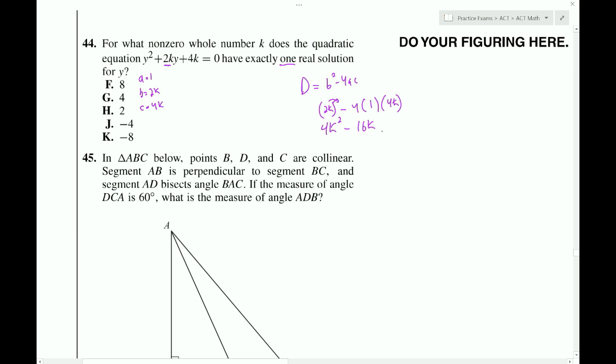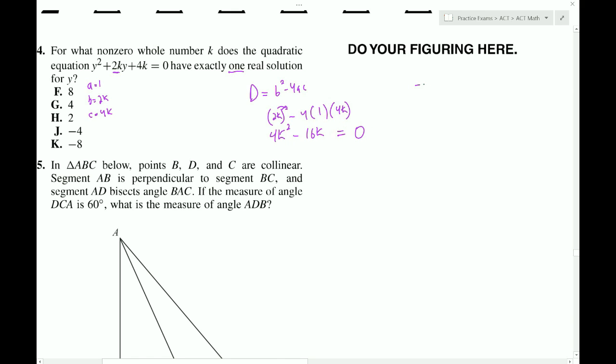So that's your discriminant. Now, if you want just to have one real solution, what that means is that you're going to have a repeated root. And when you have a repeated root, that means that the discriminant is equal to 0. And if you're not sure why that is, when you look at the quadratic formula, negative b plus or minus square root of b squared minus 4ac over 2a, that whole thing under the root is just the discriminant d.